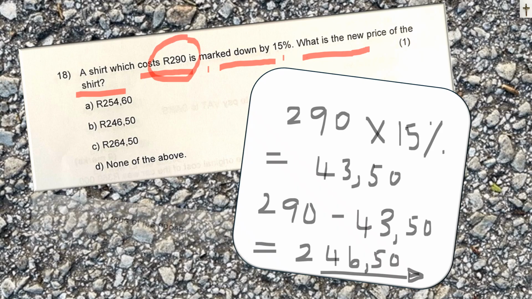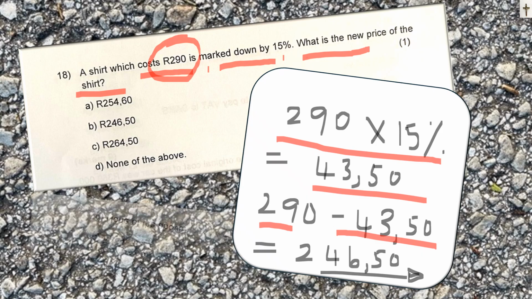The marked price was 290. So now we say 290 times by 15% is 43 Rand 50. The original price minus the 15%, the new cost of the shirt or the new selling price is B, 246 Rand and 50 cents.